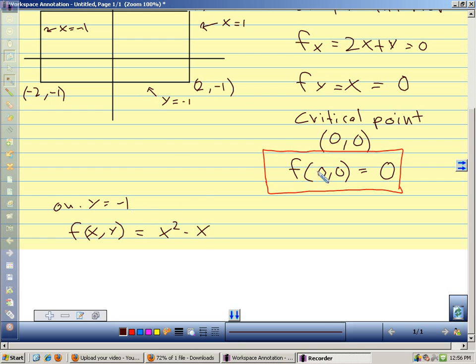I'm just substituting minus 1 in for y in my function. We want the minimum value of x squared minus x on this boundary. So for our minimum value, we're going to take the first derivative, f prime is 2x minus 1, and set that equal to 0. This gives us x equals 1/2.